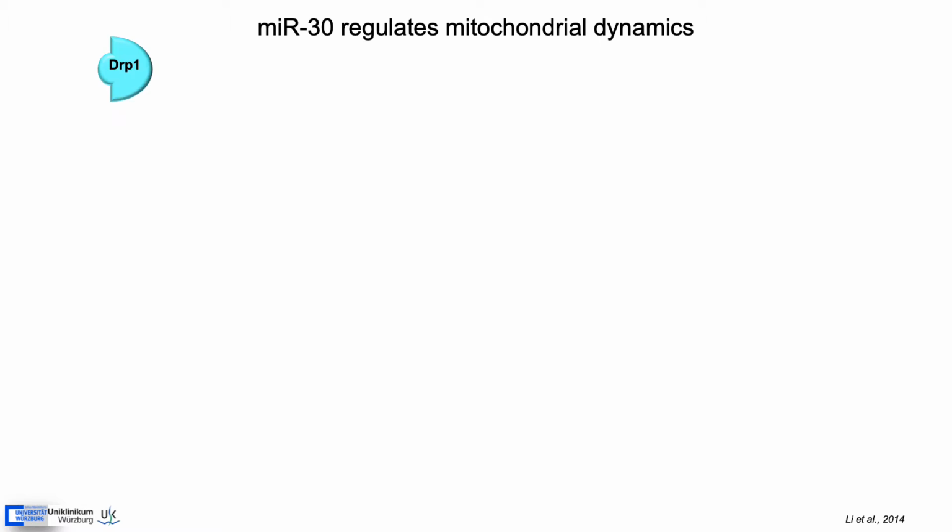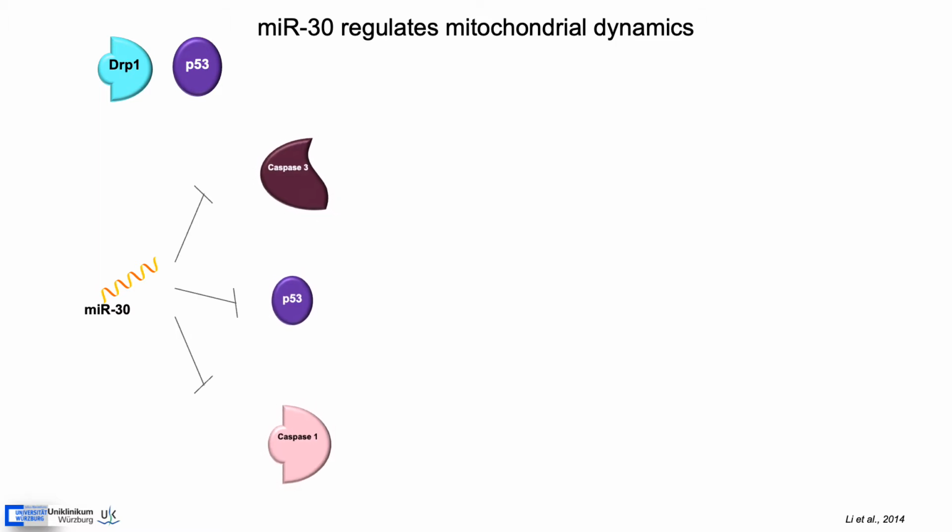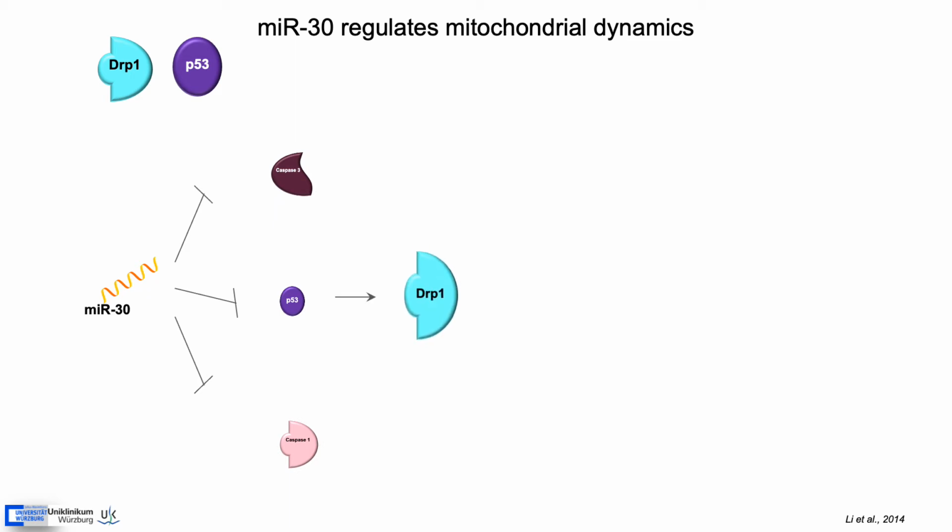DRP1 is transcriptionally regulated by the transcription factor P53, which in turn is regulated by human microRNA family MIR30. When MIR30 is upregulated, it negatively regulates proteins like P53, caspase-1, and caspase-3, which in turn brings down the protein levels of DRP1.